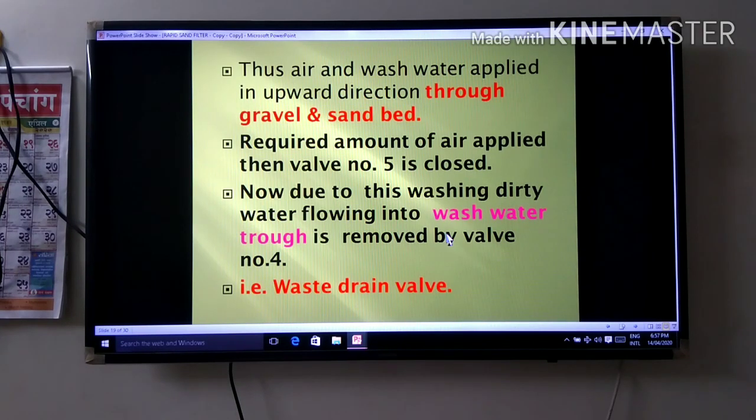Thus, air and wash water are applied in an upward direction through the gravel and sand bed. When the required amount of air is applied, valve number 5 is closed. Now, due to this washing, dirty water flowing into the wash water trough is removed by valve number 4, that is the waste drain valve.